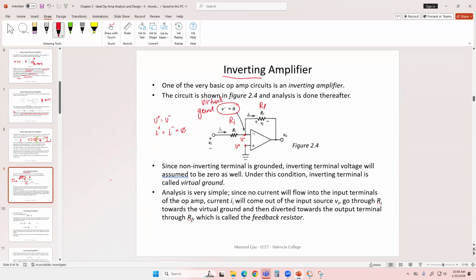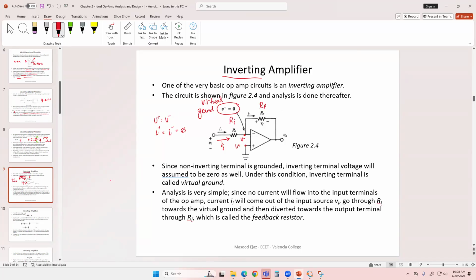That means the current that is flowing from the input voltage towards the inverting input cannot go inside the inverting input. This current is going to divert through the feedback resistance.